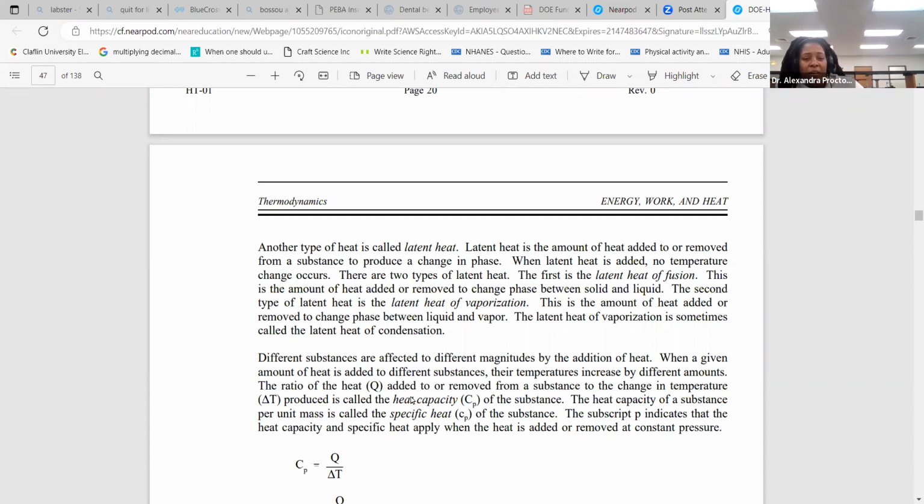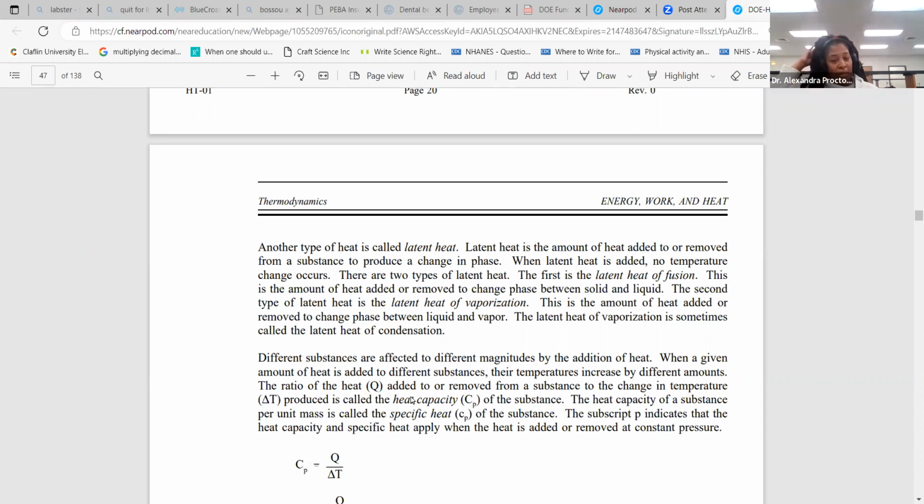So different substances are affected by different magnitudes based on how much heat is added. Given the amount of heat that is added to these different substances, the temperature is going to increase by different amounts. And that's why they come up with this equation.